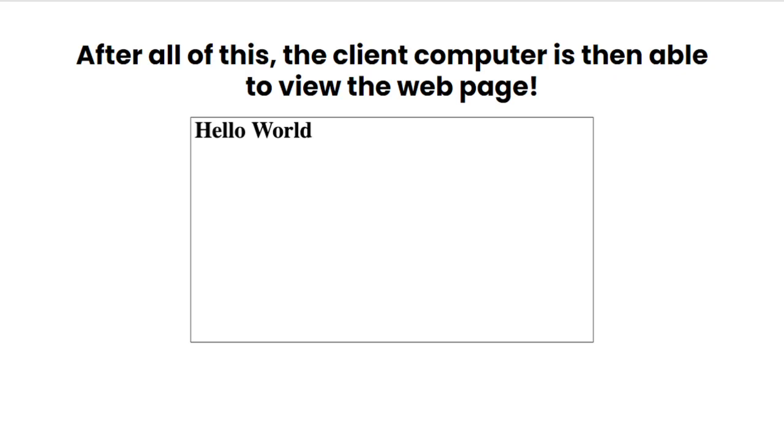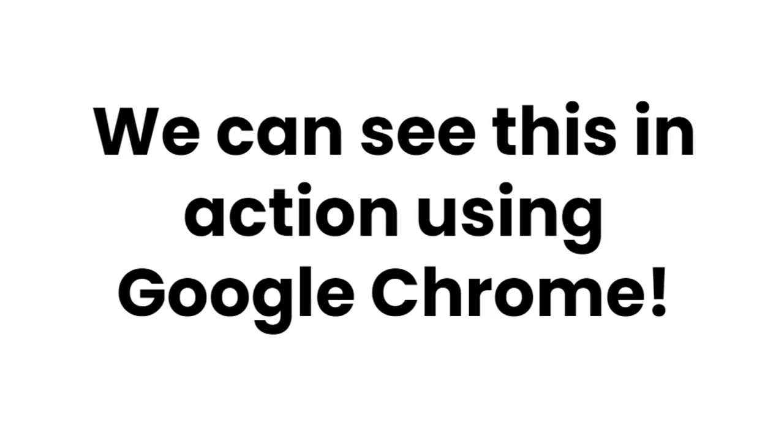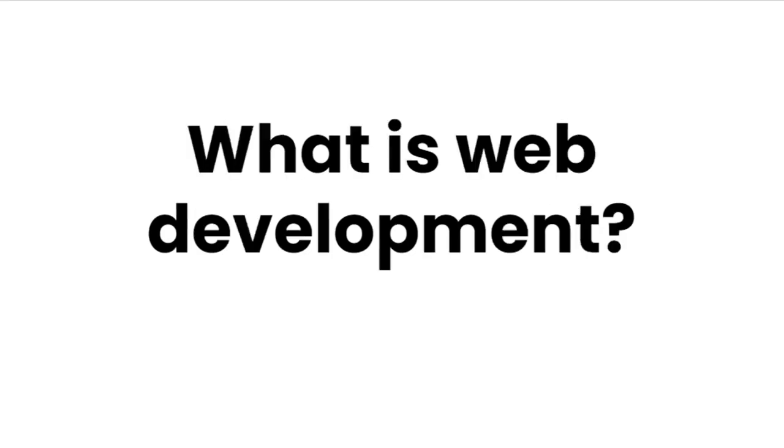This takes very little time and is very quick, in milliseconds, so we cannot tell how long it takes. We can see this in action using Google Chrome, because whenever we search something on the browser, we usually use Google Chrome.